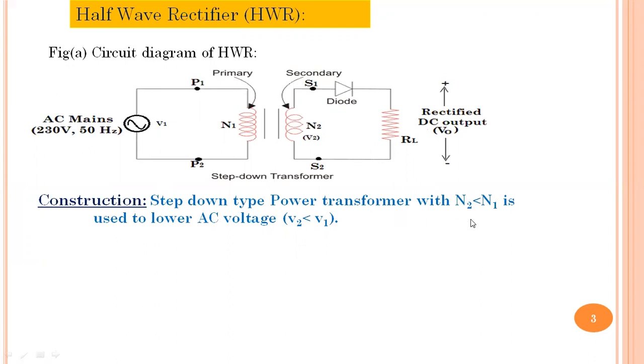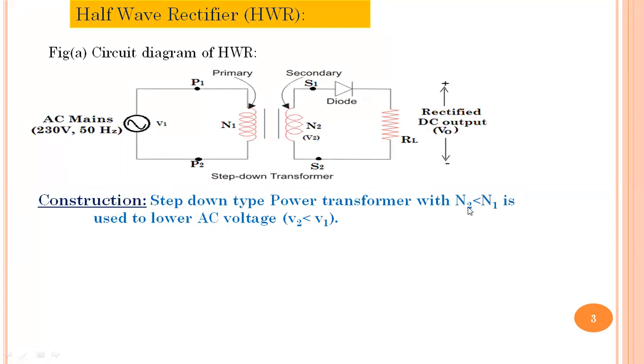The meaning of step down transformer, you studied in the 11th syllabus. It is a type of transformer whose number of turns of winding of the secondary terminals N2 is smaller than the number of turns of winding of the primary coil.